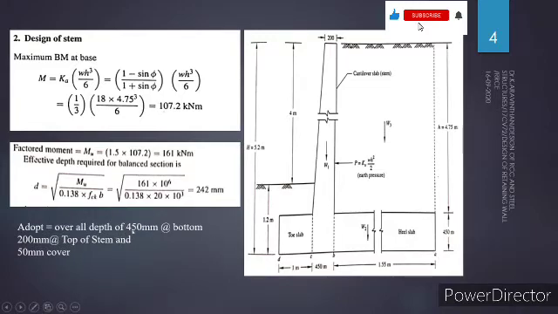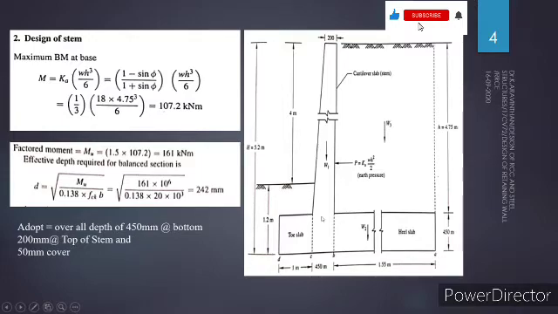What is this overall depth? We will be providing 50 mm cover, and the depth of the stem which is provided here is 450, where required is 242. So we will be having cover at both sides of 50 mm, 50 mm. Hence, this assumption will be satisfactory.